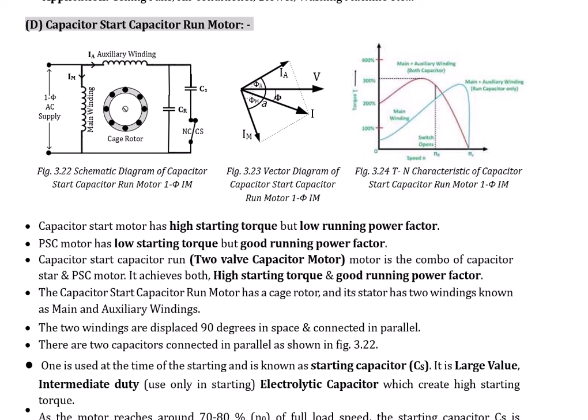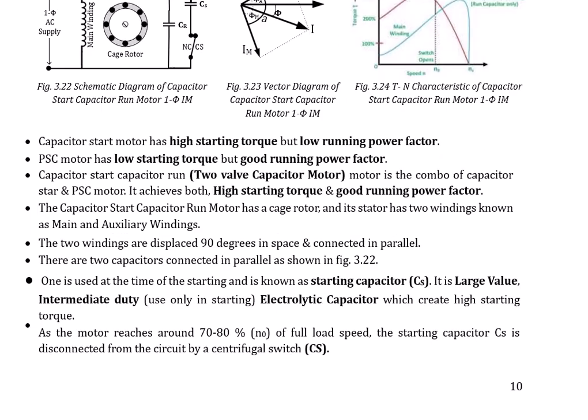The capacitor start capacitor run motor has a cage rotor just like other motors, and its stator has two windings known as main and auxiliary. The two windings are displaced 90 degrees in space and connected in parallel. There are two capacitors connected in parallel.